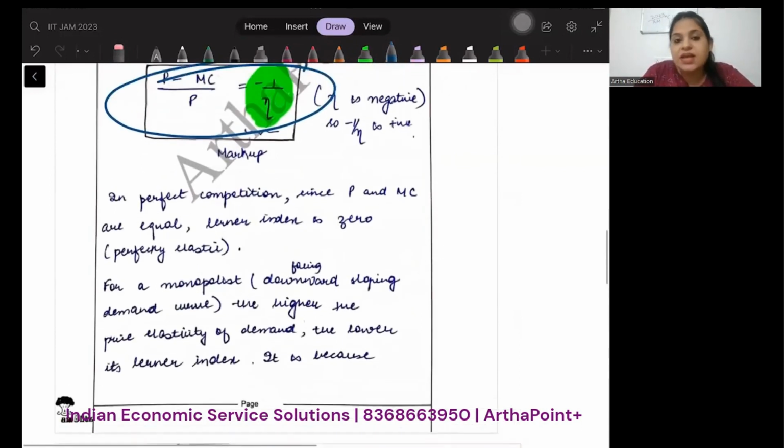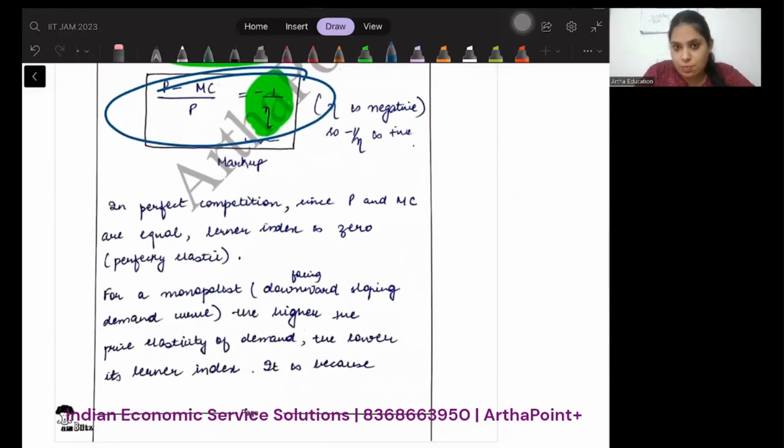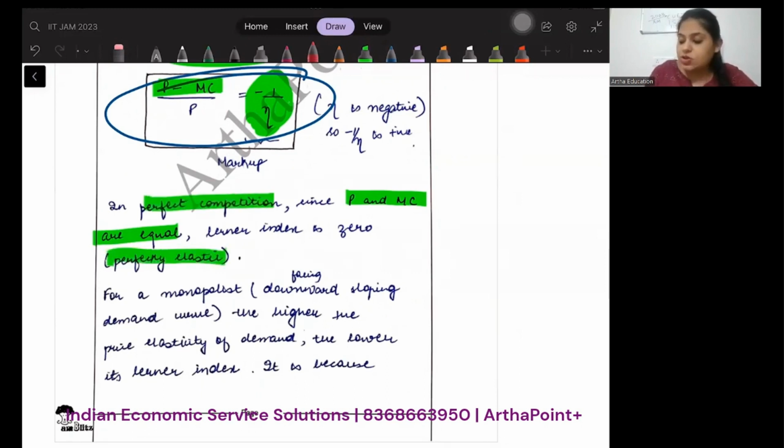Now notice that when I talk about perfect competition, we know that price and marginal cost are equal, so P minus MC will be 0. And we know that demand is perfectly elastic. So in perfect competition, elasticity of demand is minus infinity.